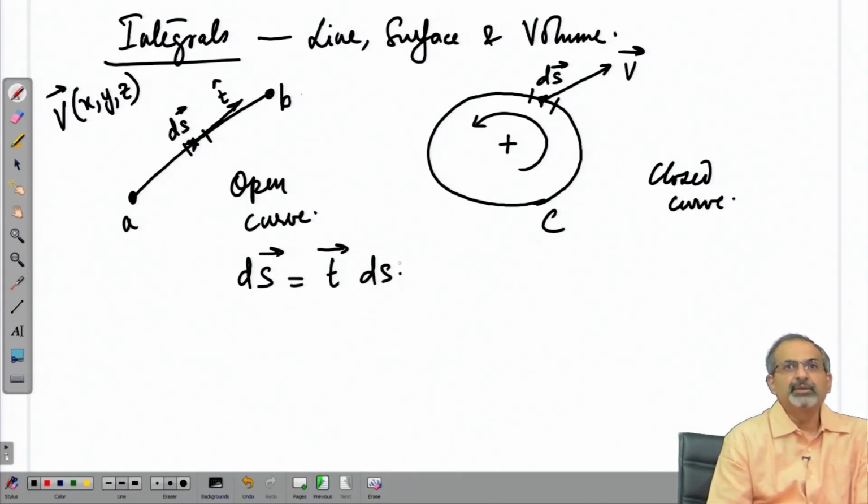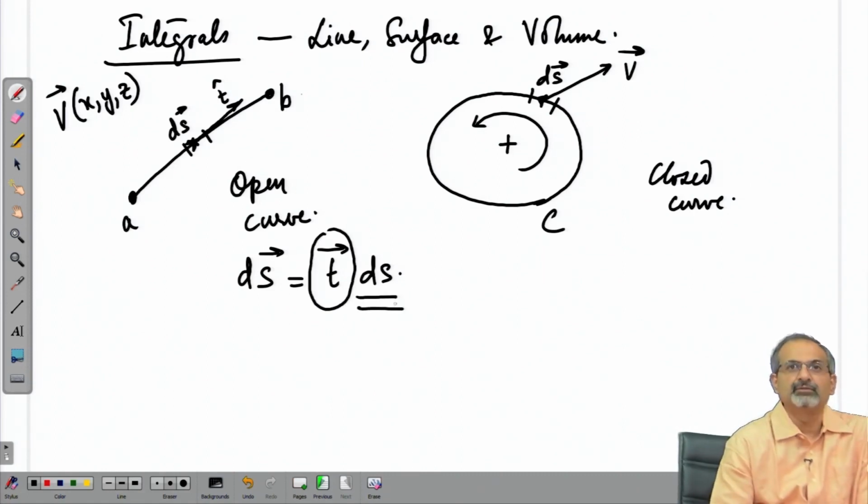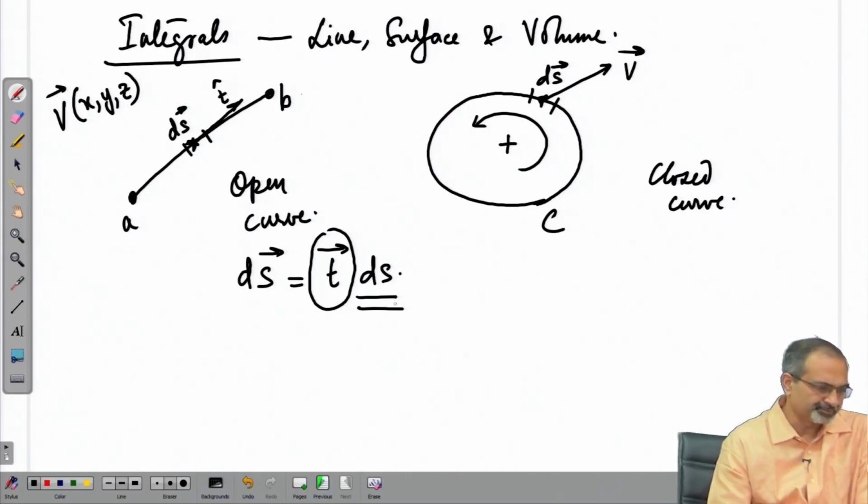That vector will be indicated as the unit vector along the tangent times the length of the element, which is basically a scalar.